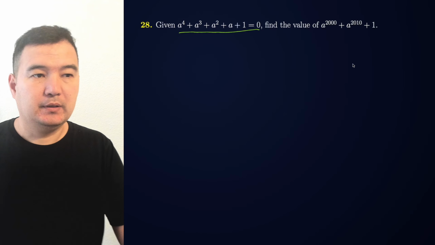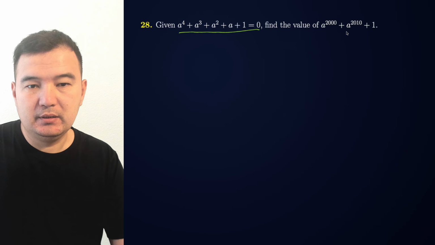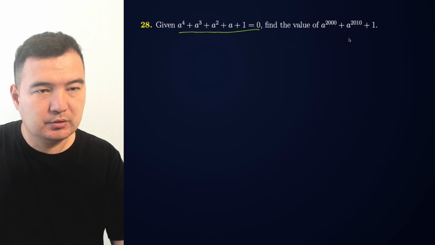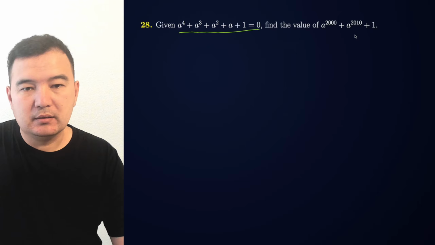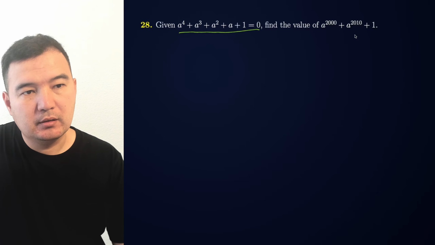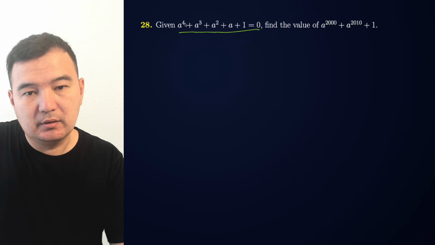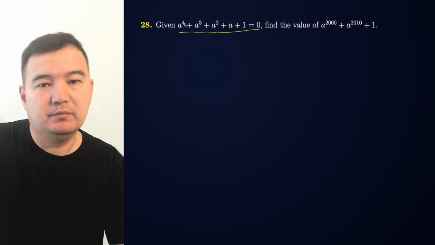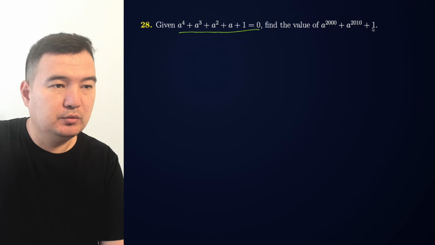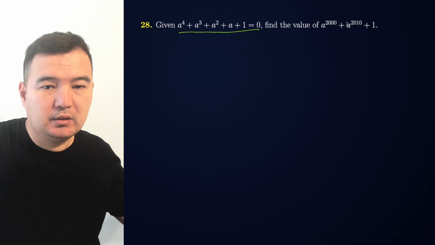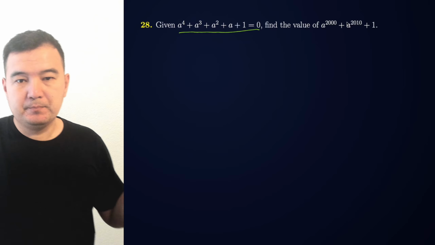And then you want to find that a to one of these powers. That's an interesting problem actually. This polynomial could have 4 different roots, and then you put those values into this expression, and each of them will give you the same result basically.